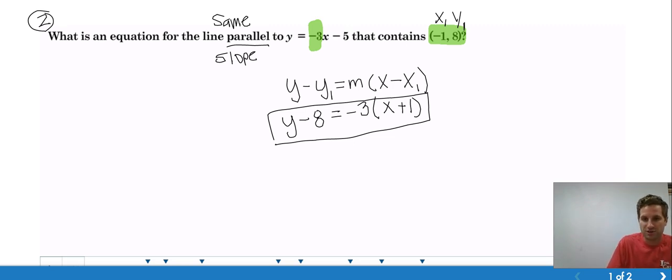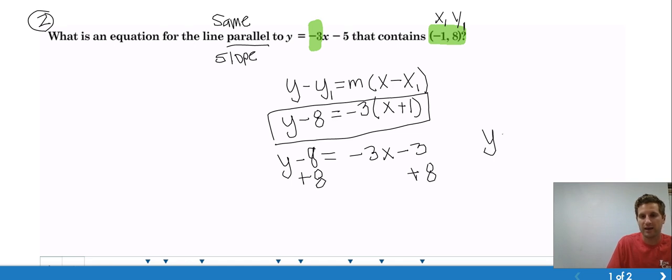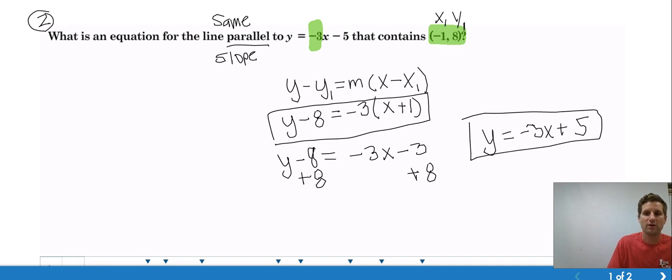Yeah. We distribute the -3, so we get -3x minus 3. And then all we would do is add the 8 over. And we get y equals -3x plus 5. So either one of those would work.